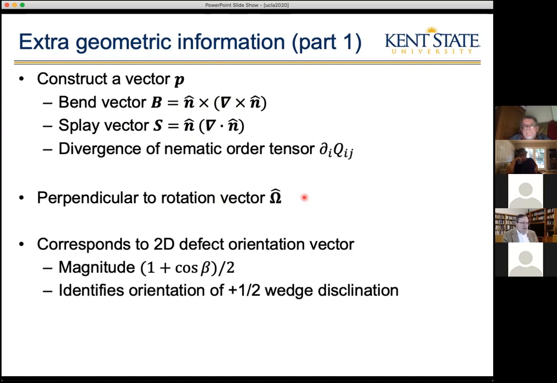That corresponds to the defect orientation vector for the plus half. Right? This is something which is biggest for a plus half. It's medium for a twisted disclination. It's 0 for a minus half. So that shows us the vector aspect of the order.